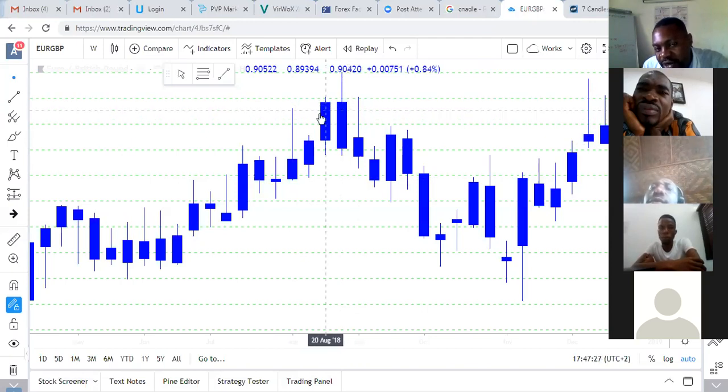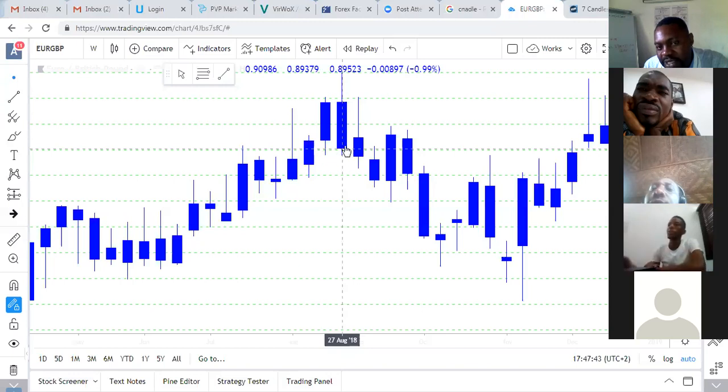But since this candle comes before this one, the close price of this candle should be up here, and the open price of this candle should be up here. And if the open price of a candle is up, it means that the close price is automatically down. And if the close price is down, you see, here now there is a gap.